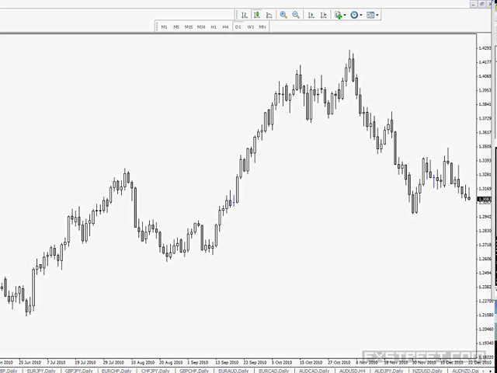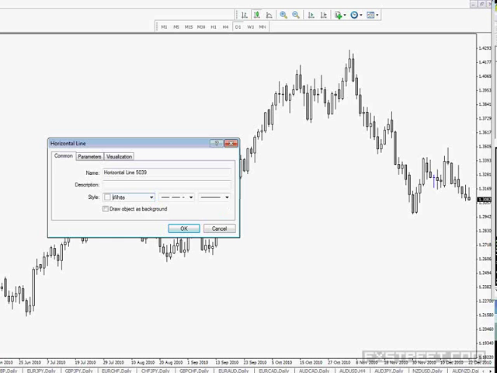So let's look at the euro daily chart. I'm going to change the color on that. I'm going to draw, how about red?